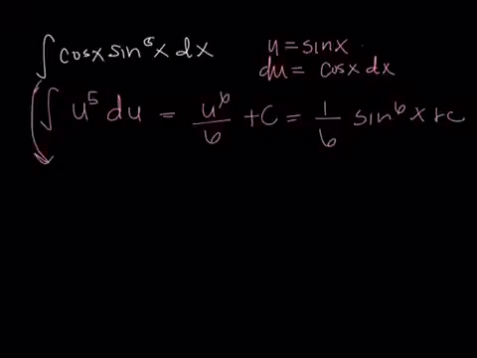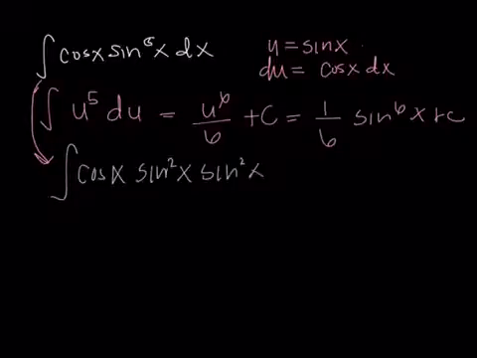But instead, I can also go ahead and take this integral right here. And I would modify it so that instead of sine to the 5th, I could make it as cosine x, sine squared of x, sine squared of x, and sine of x dx.